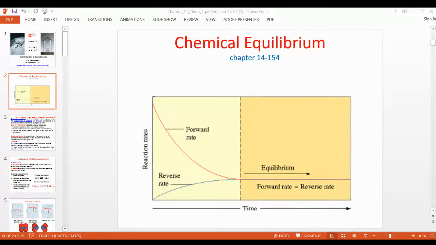By the time, the reactant slowly reduces and the product is formed, so this reaction is the forward reaction. How is the equilibrium set up? The equilibrium is set up when the forward reaction rate and the reverse reaction rate become equal.